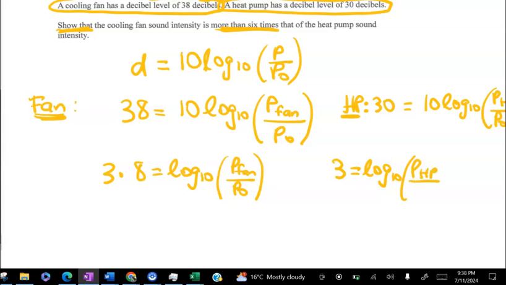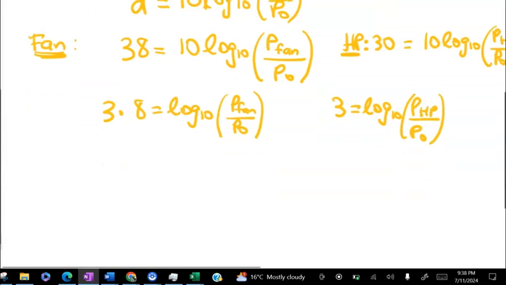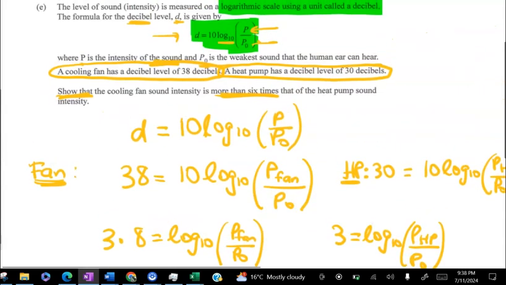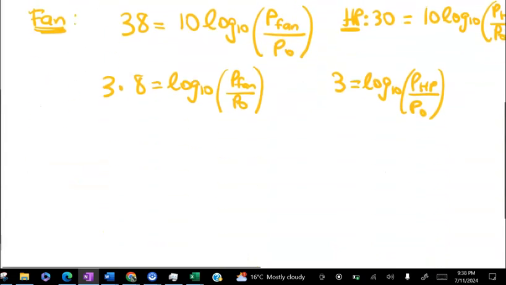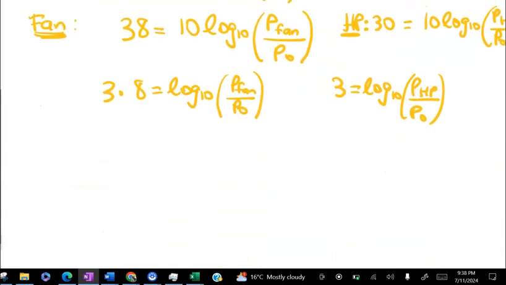So that's the intensity of the sound coming from the heat pump over the very weakest sound that the human ear can hear. And we're going to be comparing those two things. So what we need to be comparing is the sound intensity, right? So we want to be comparing P fan to P HP. So we have to do a wee bit of rearranging, and then we should be good to go.